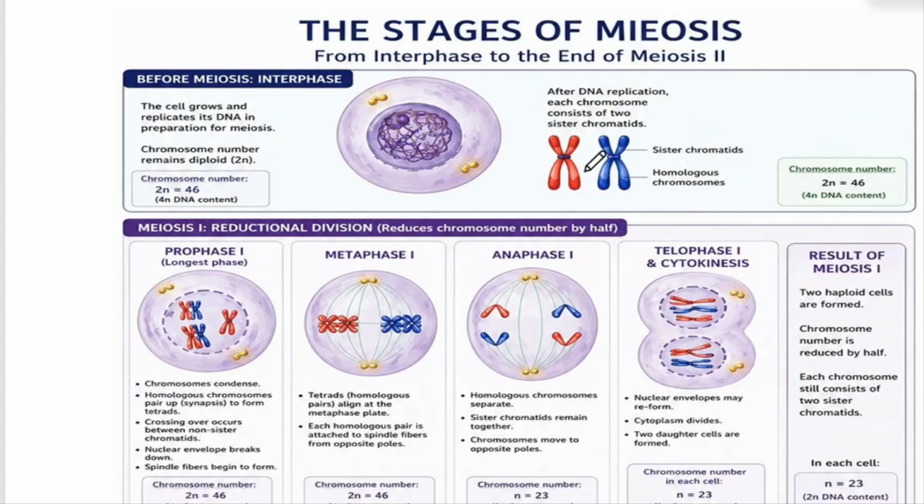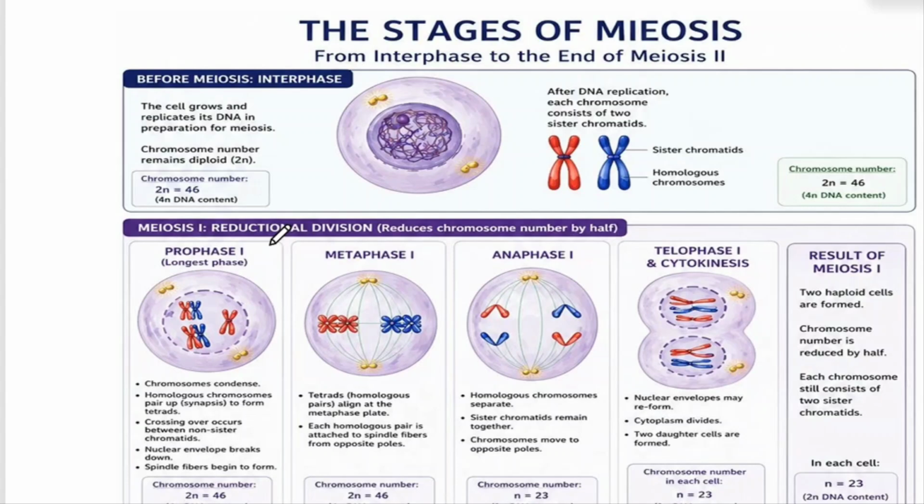Now, let's move on to meiosis. Meiosis is a special type of cell division that occurs only in the reproductive organs, which means the ovaries in females and the testes in males. Its main function is to produce gametes, which are eggs and sperm cells.